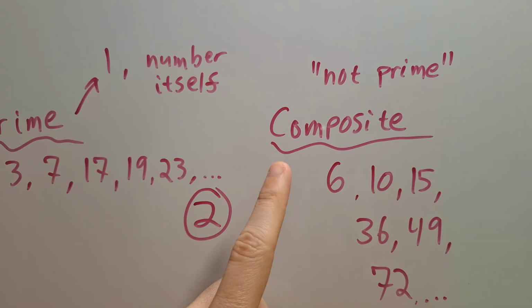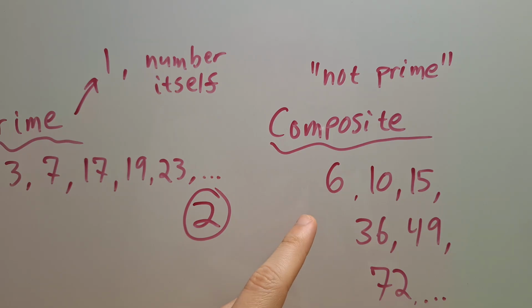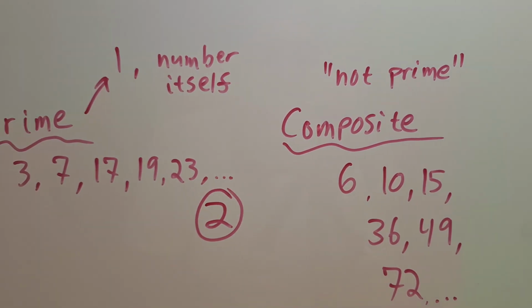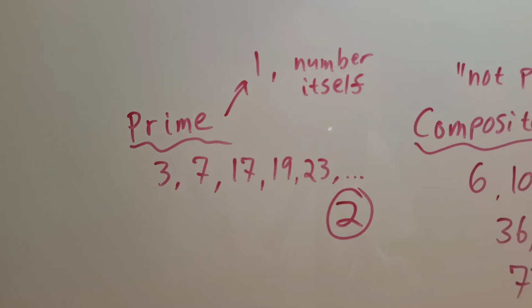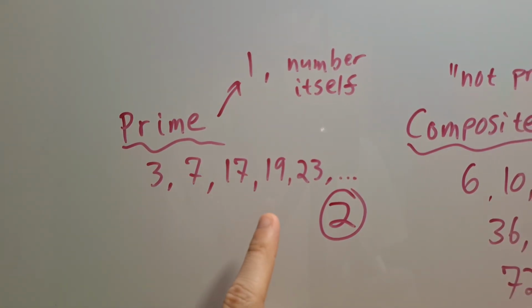These numbers are considered composite, again, because they are divisible by numbers other than themselves and 1. They have multiple factors. Versus prime numbers, where again, the only numbers that divide prime numbers are themselves and 1.